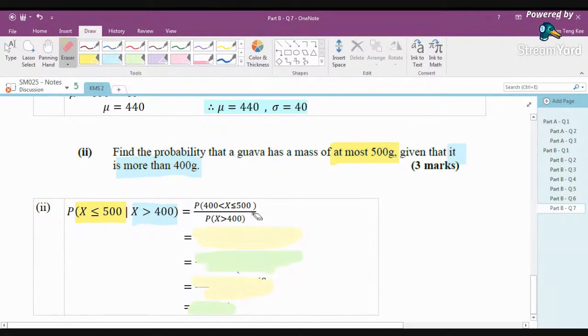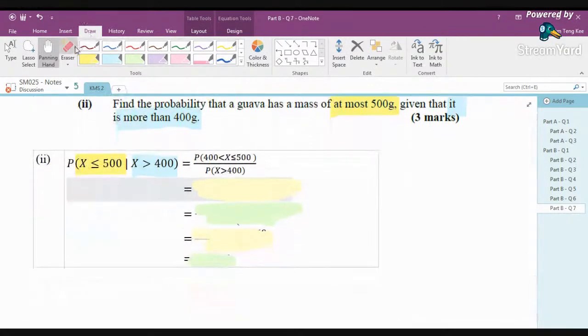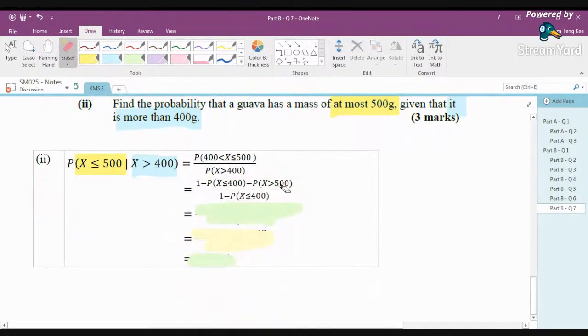Up to here, guys and girls, please be aware. See carefully on my solution in the next part what I do. You notice I don't do any standardization. Instead, I have 1 minus this situation here. Why am I doing this?